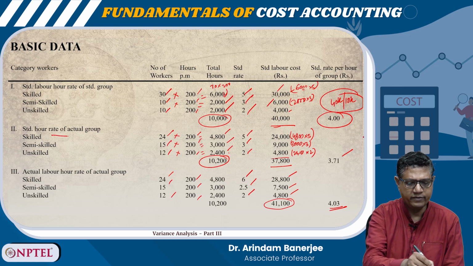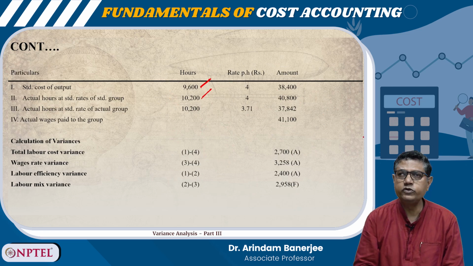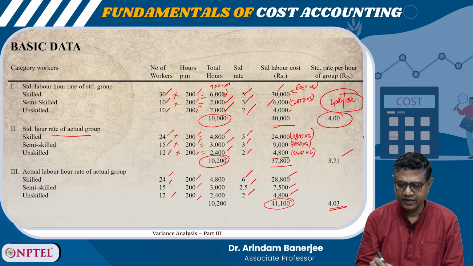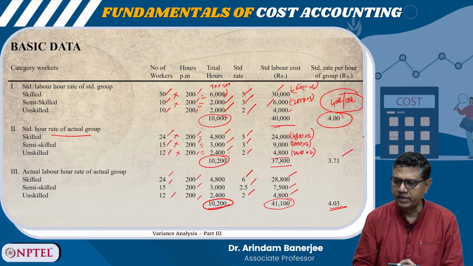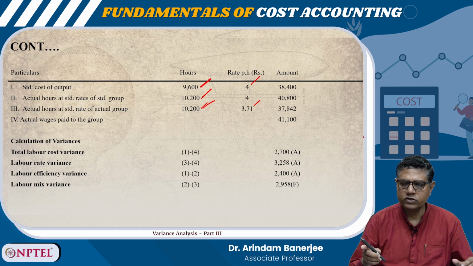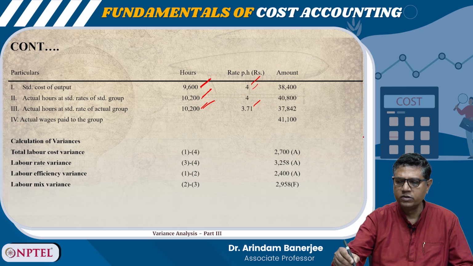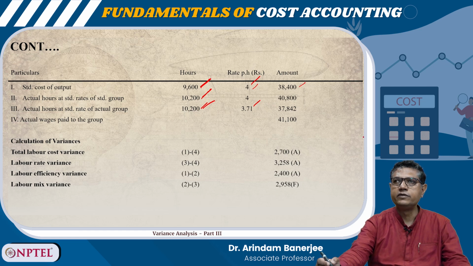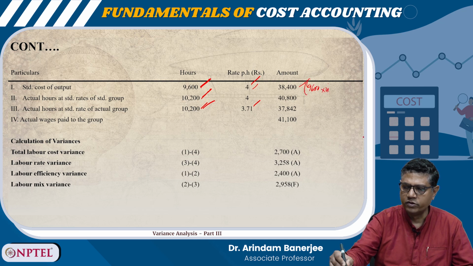Actual hours at standard rate for the actual group here also comes to 10,200. The rate per hour here is 4. Now the standard cost of output is 9,600 hours, rate per hour is 4, and the amount is 9,600 into 4, that is 38,400.